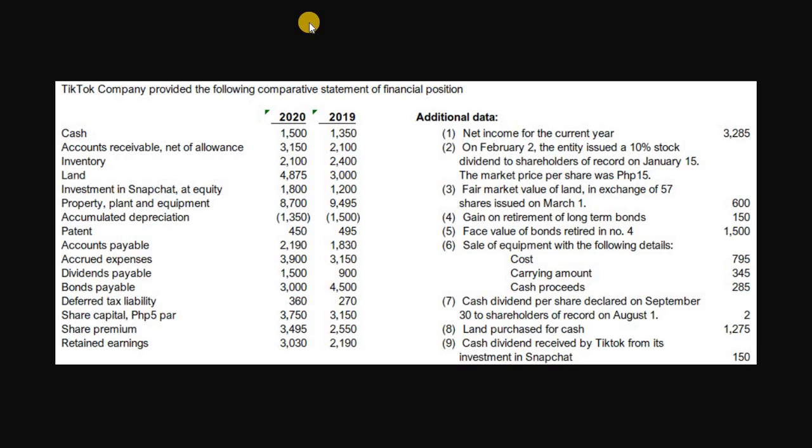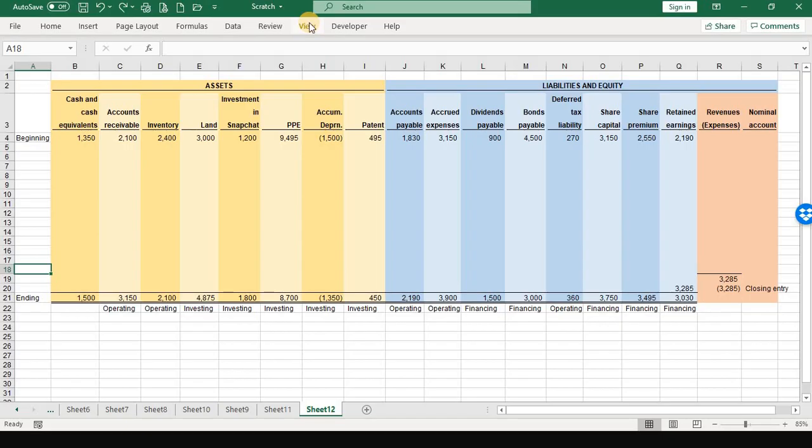Let's include this in our accounting equation. First is the additional data number 3. Since it is an issuance of share capital in exchange of land, the land is debited at fair value, which is the consideration, for 600 pesos, and credit to share capital for 57 shares multiplied by the par value per share of 5 pesos, which has a total of 285 pesos.